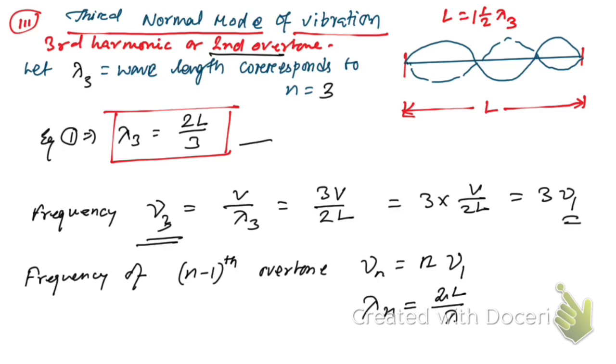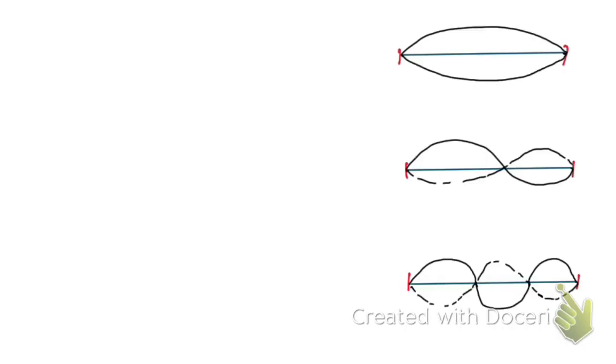Now let's find the position of nodes and antinodes. Okay, let me take a new slide. Just give me a second. Right, in order to determine that, let me draw all the 3 modes. So here is the first mode, this is the second one, and this is the third mode. Let me show you the position of nodes.